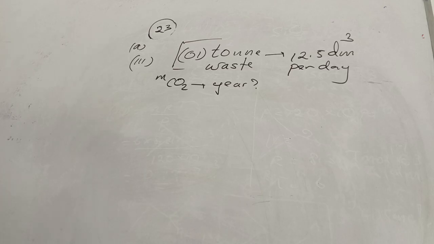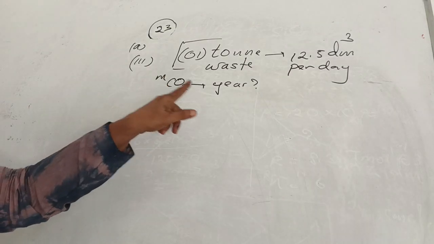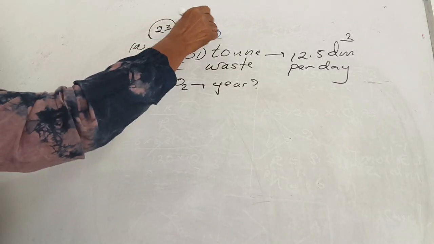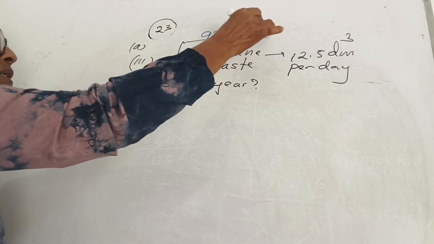You're asked to calculate the mass of carbon dioxide produced in a year for a typical landfill site which contains 90,000 tons of waste.